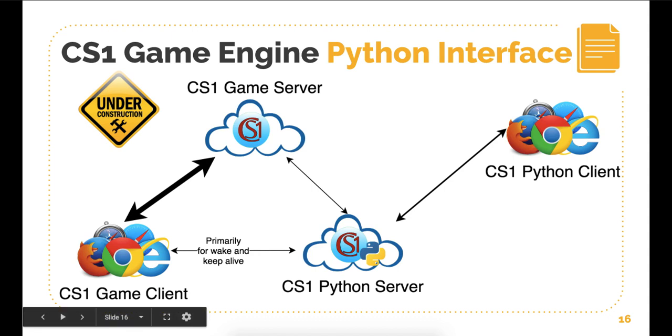They can also program microservices in the CS1 Python server, a Flask server, and users can also program the requests, the interaction between the client and the Python server, on the Node.js server.